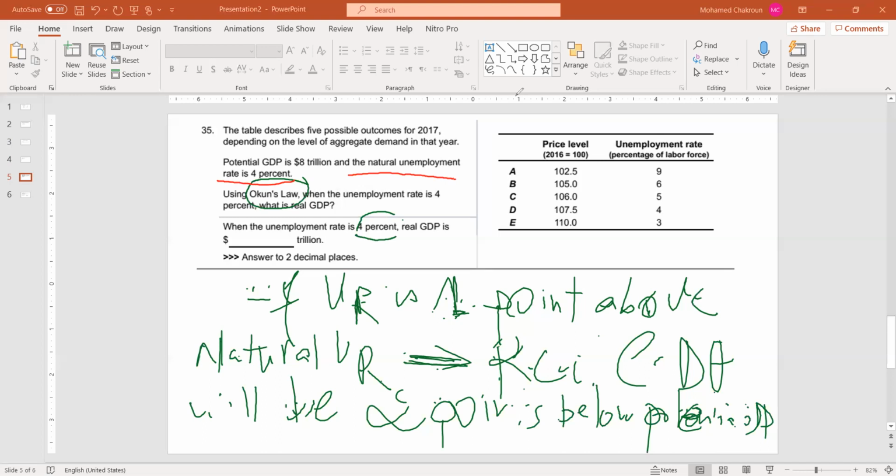So as a consequence, there is no deviation between real GDP and potential GDP.